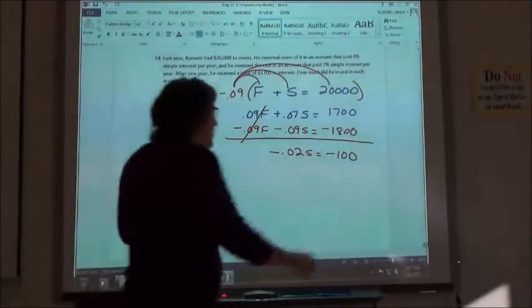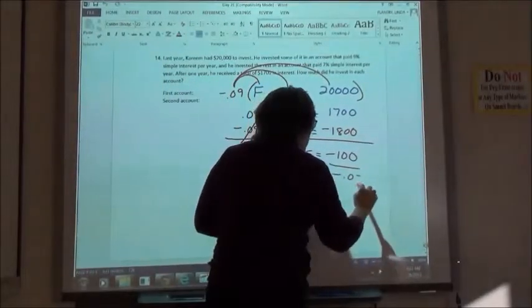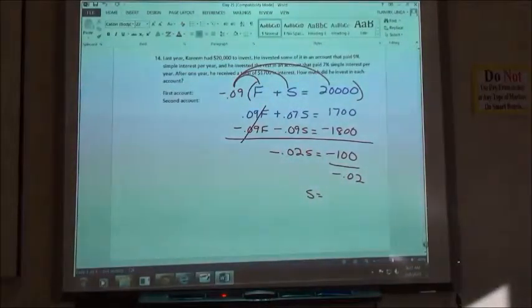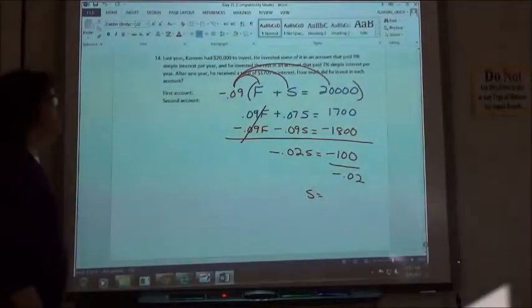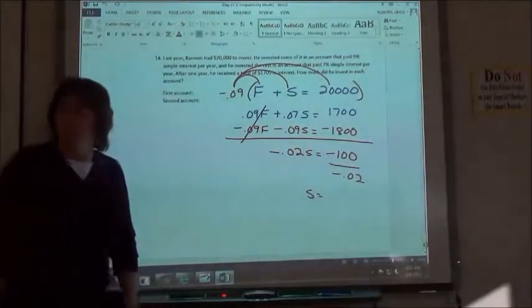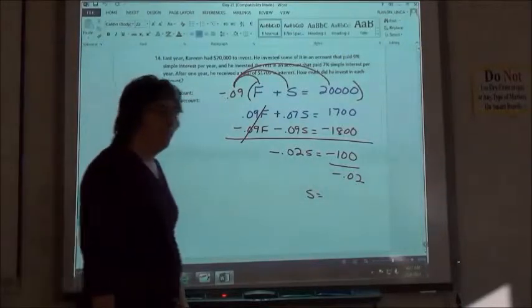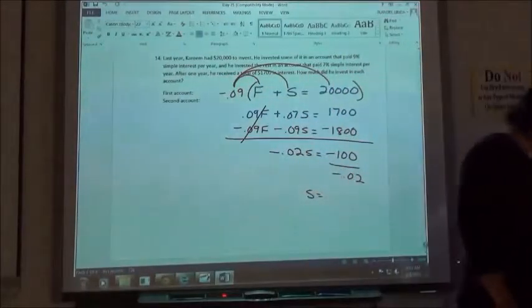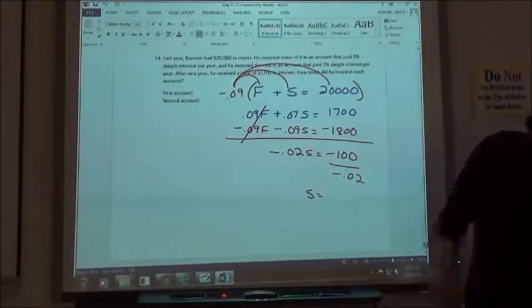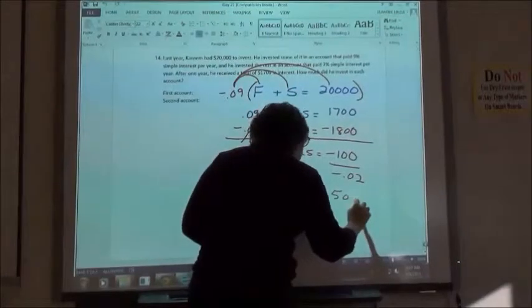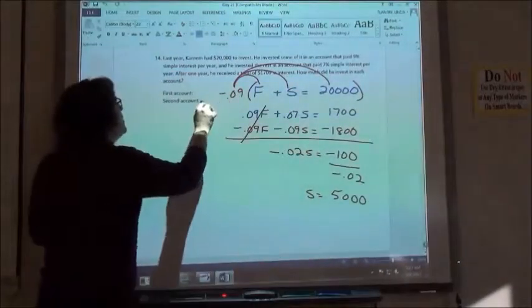If I take a negative 100 and I divide it by negative 0.02, how much did I put in my second account? Negative 5,000? Should be positive because I have a negative over a negative, right? Yeah. So 5,000. So we put $5,000 in our second account.